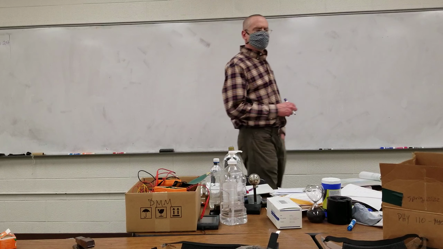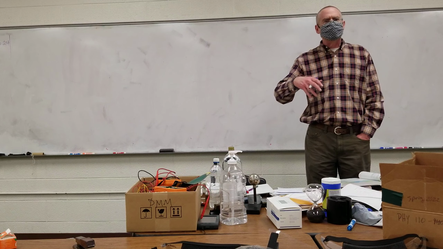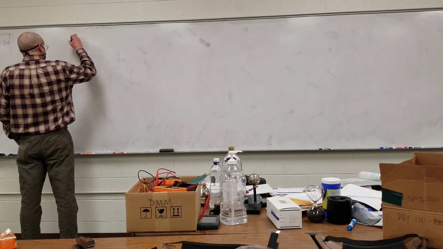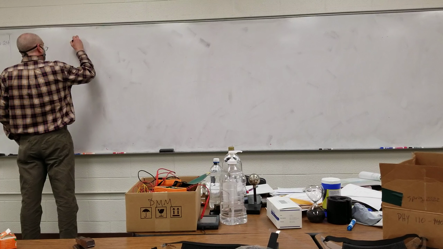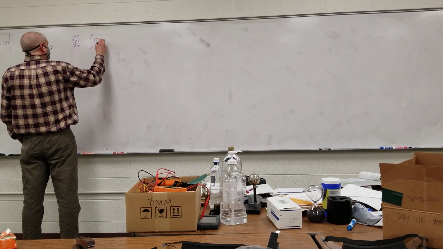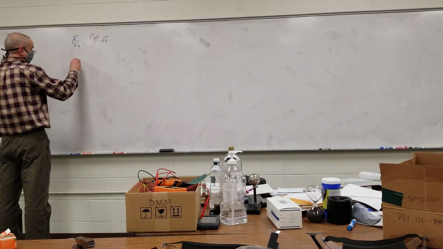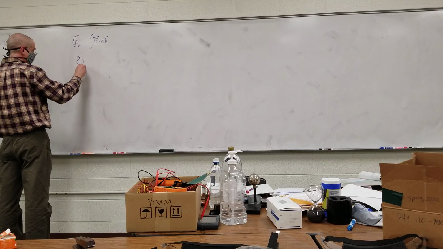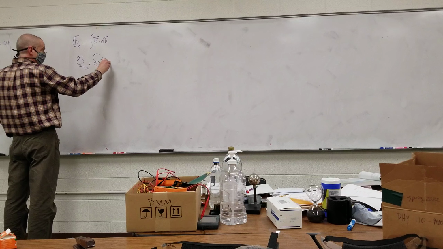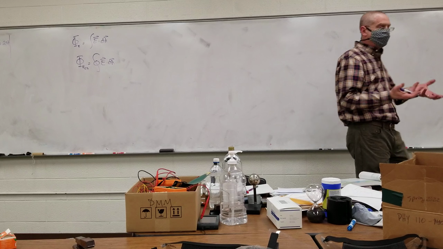My memory is that we got to Gauss's law, did the pseudo derivation of Gauss's law. So we have electric flux, which is the integral of E dot dA. And then the electric flux through a closed surface would be the integral of E dot dA, with a circle in the integral sign indicating that we're doing a complete object here.